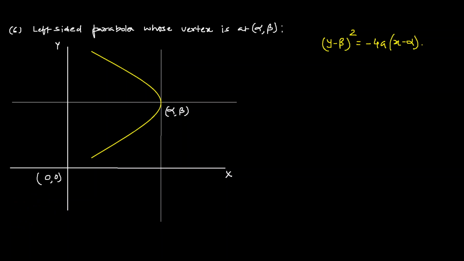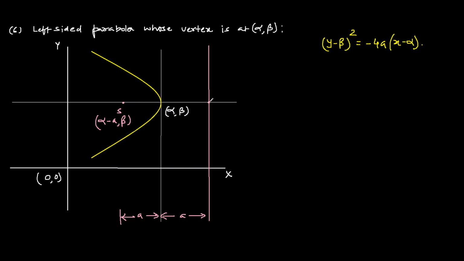Now the focus, this point is S, and we know that the distance of this focus from the vertex is a. So the coordinate of this focus is alpha minus a comma beta, and we have another line which is called the directrix, and the distance of this directrix from the vertex is also a.